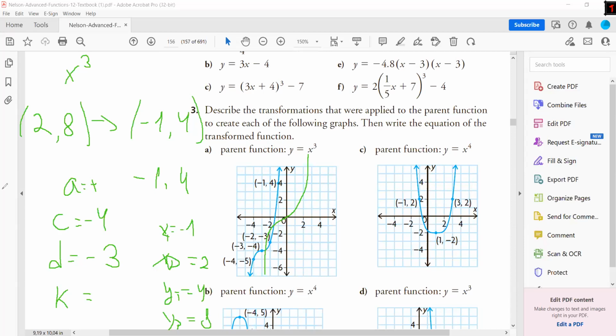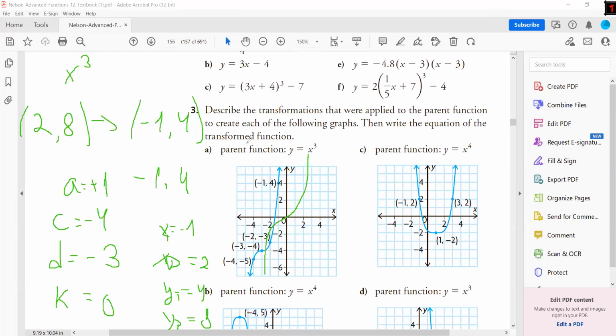But as this transformation is basically linear, we can say that a is positive because the direction of the end behavior didn't change. So we're going to have a equals 1 and k, in order for us not to have any impact on the x-axis, the k should be 0.